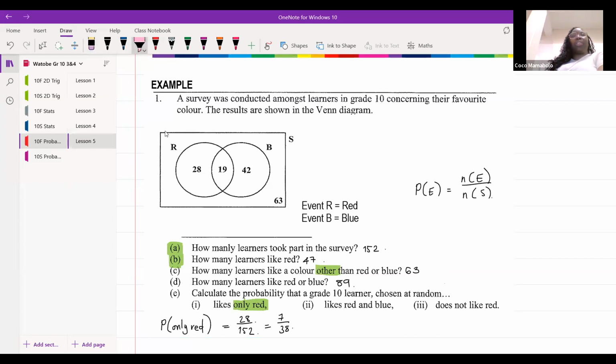Okay, so if we map out the red circle, how many kids like red in the red circle? 47. Yes, 47, because it's 28 and 19. Those are the kids who like red. Okay, that's why it's 47. Oh, okay, ma'am. Thank you. You're very welcome, my sweetie. Good question. I'm glad we're not leaving it unsaid.